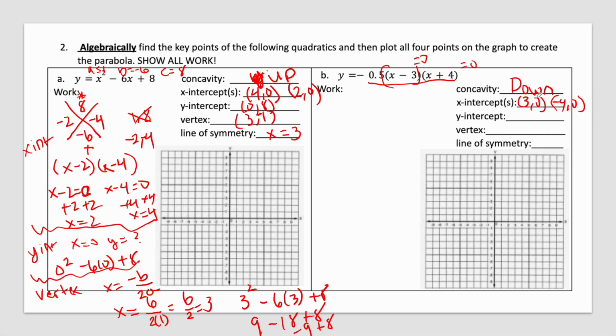Our y-intercept is, gotta find it, I don't remember. Six.